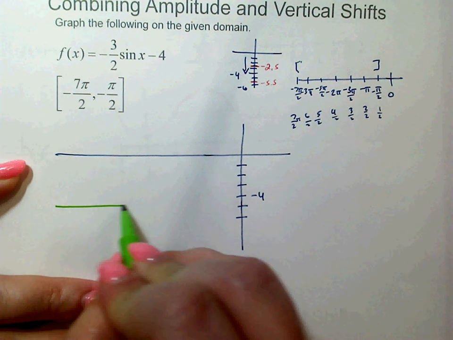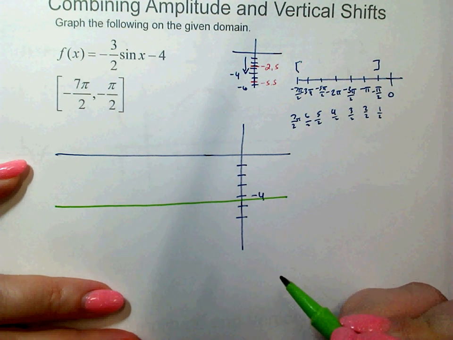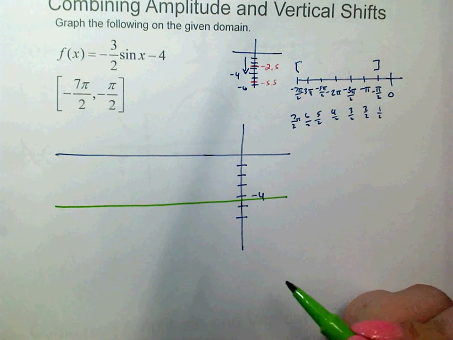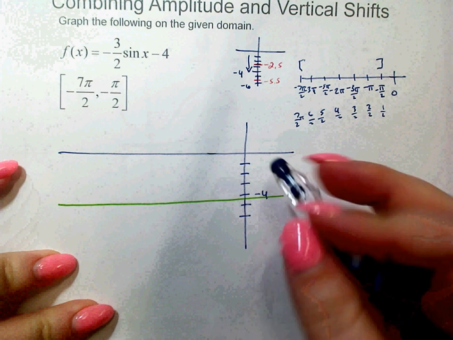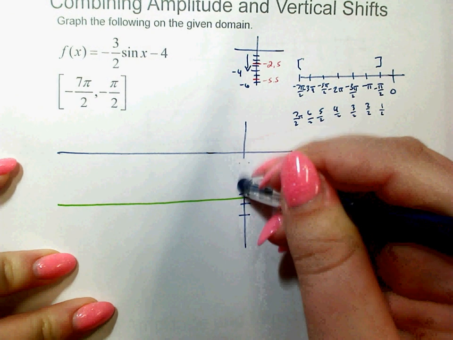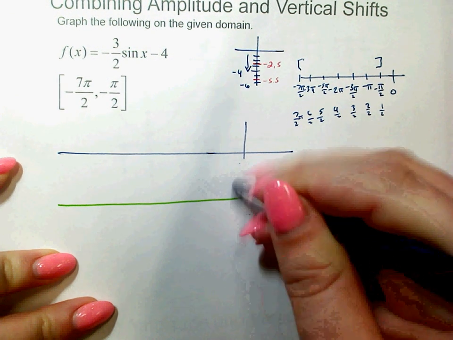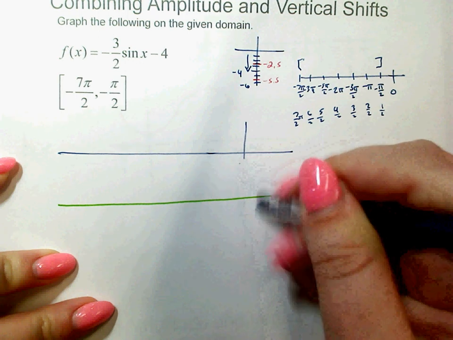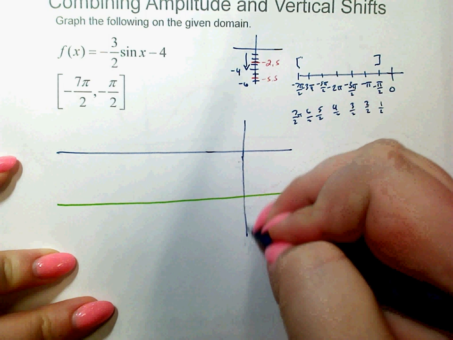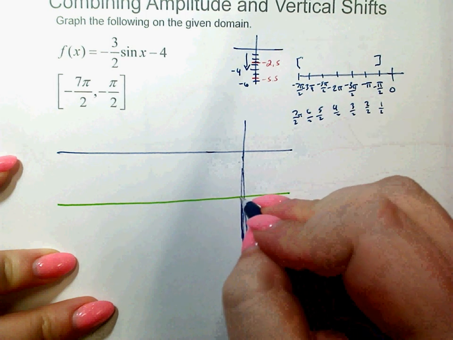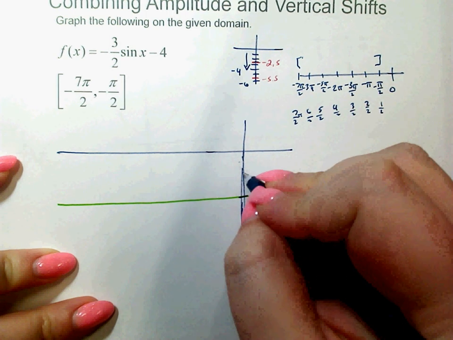Nah, I totally missed. I went too low anyway. I'll just fix it. So like this, -4, halfway, yeah, halfway.